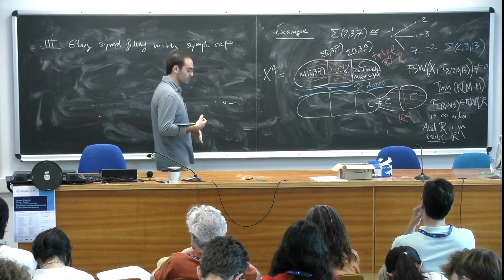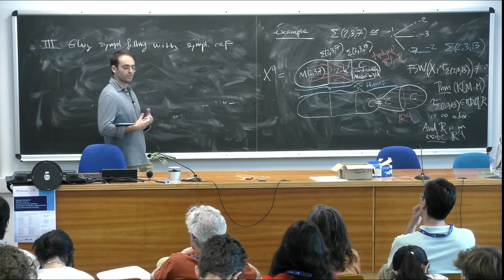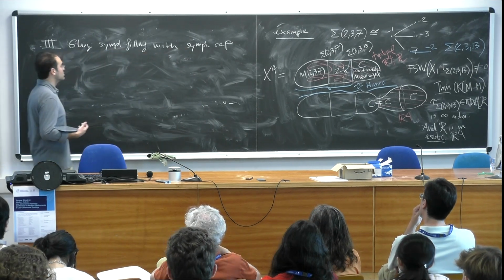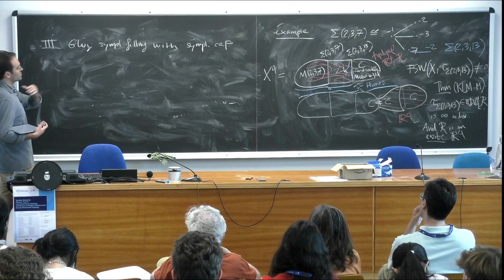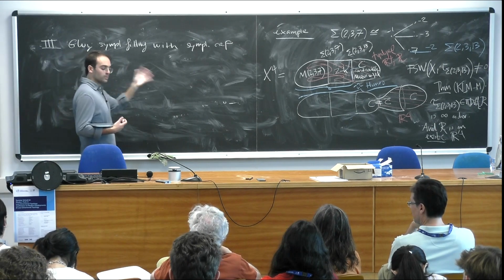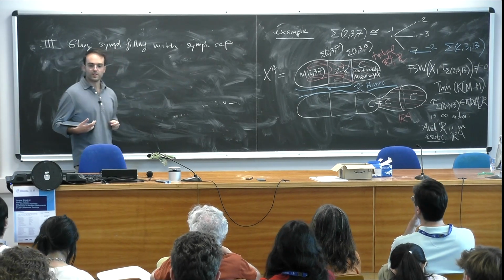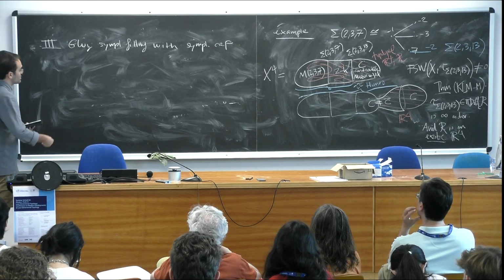There are many natural compactifications, for instance, of Milnor fibers into complex surfaces for which the boundary Dehn twist becomes smoothly isotopic to the identity once you compactify.